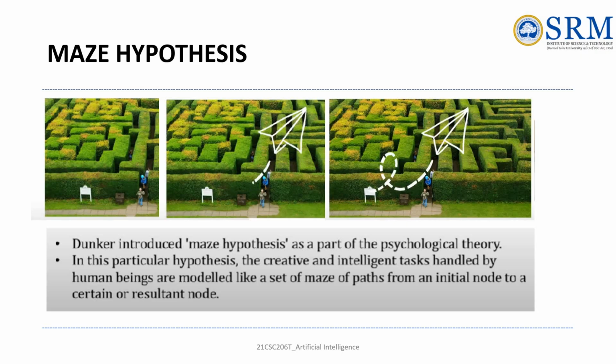Now let's start with the maze hypothesis. Think of a maze not just as a puzzle but as a metaphor. A maze represents uncertainty, choice, obstacles, and goal-seeking behavior. A maze is used to model navigation problems, pathfinding, search strategies, and agent-environment interaction.